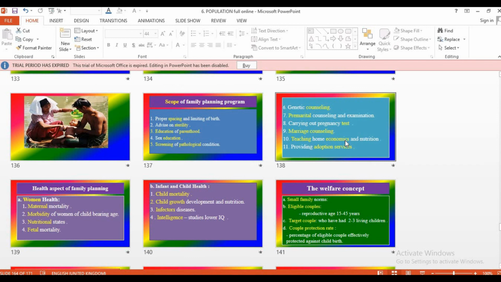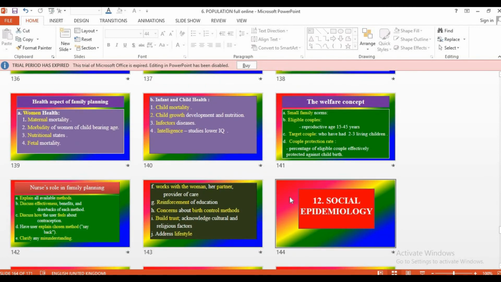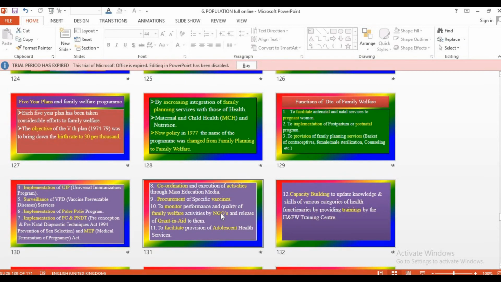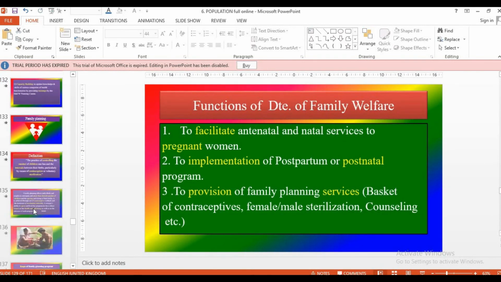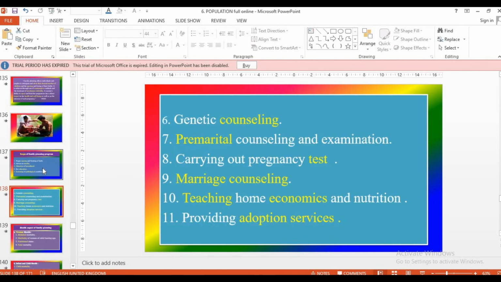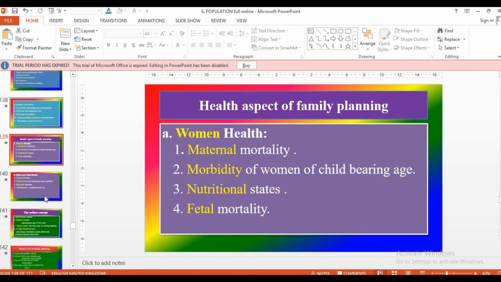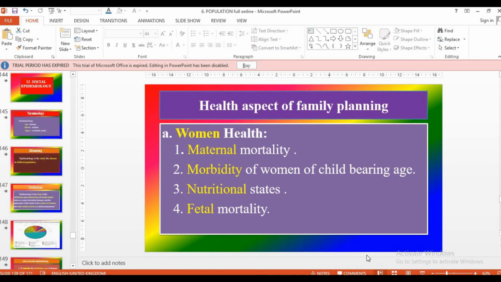The family planning is part of family welfare. Then functions of the Department of Family Welfare is another area. Scope of family planning and the role of nurse in family welfare programs, etc.